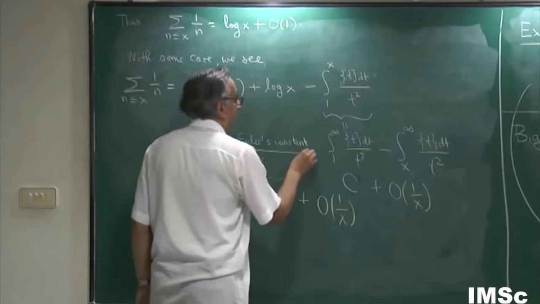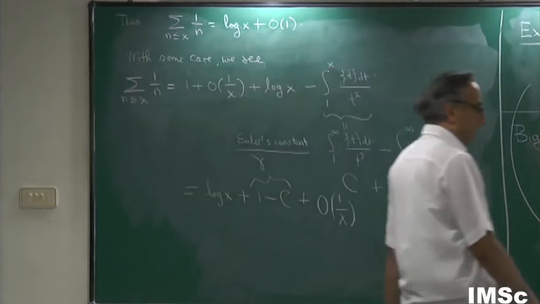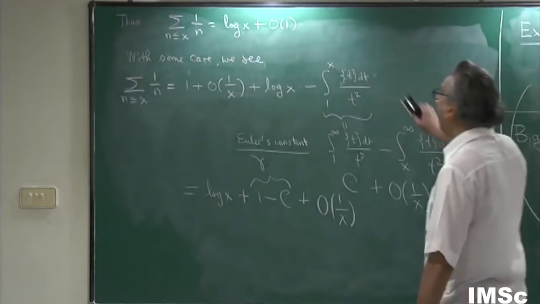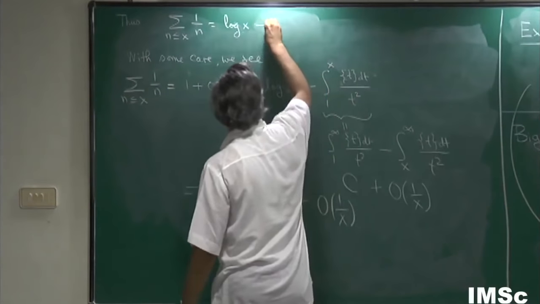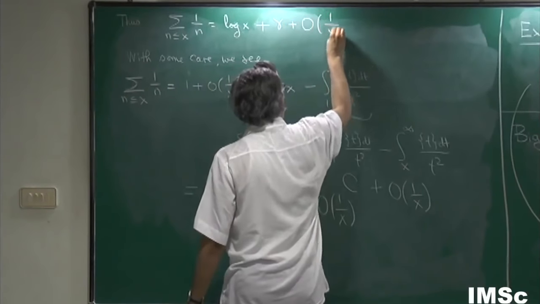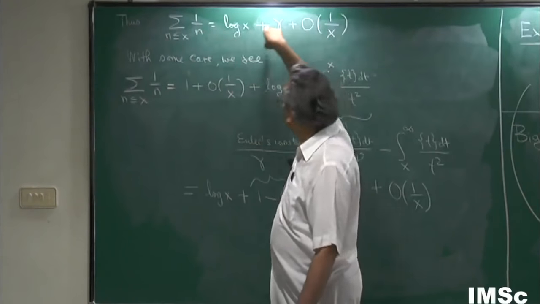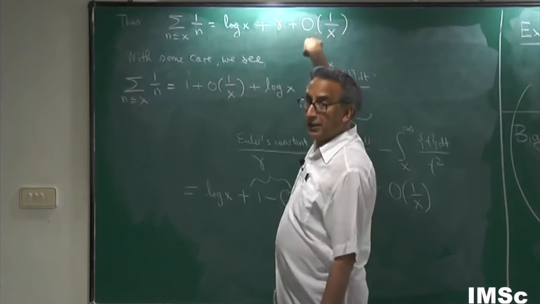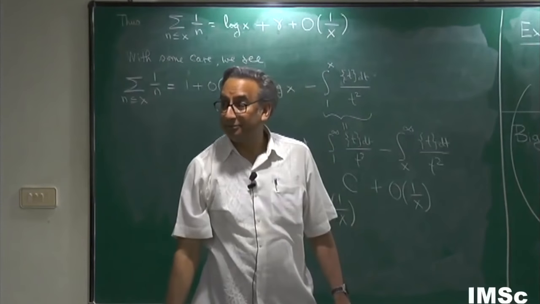So what we have now, using Abel's summation method, is actually a very interesting theorem: that the behavior of this function is log x plus a constant plus something that goes to 0 very fast, which is a very good theorem.